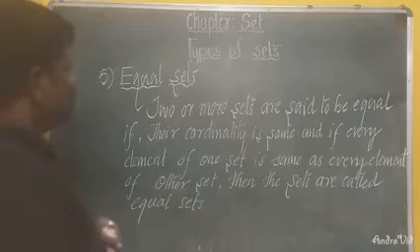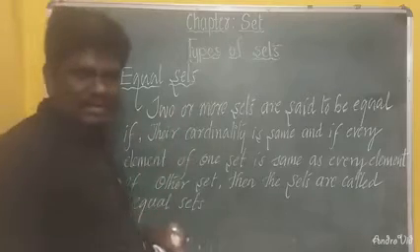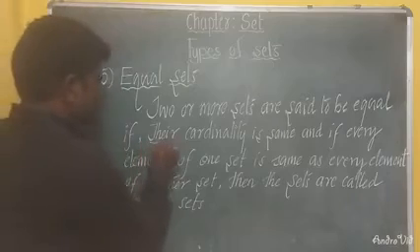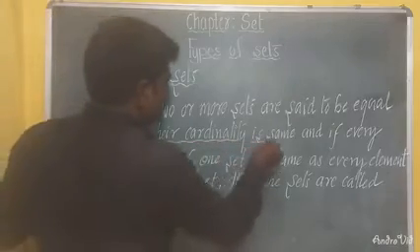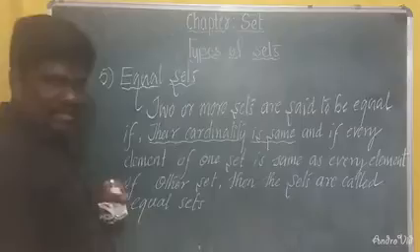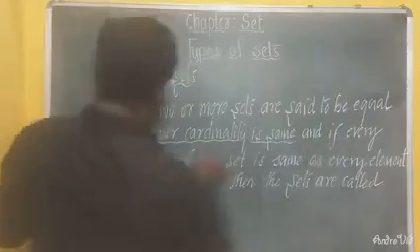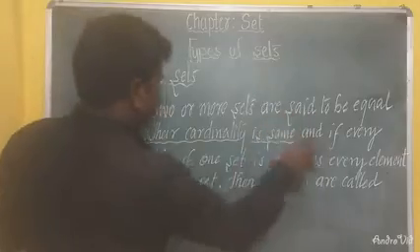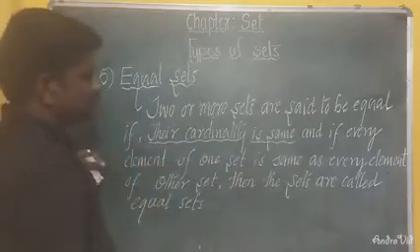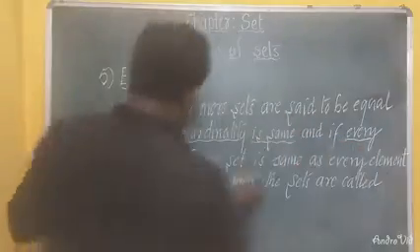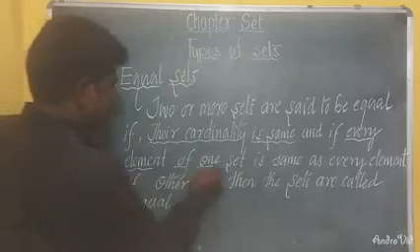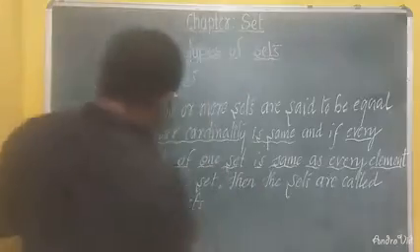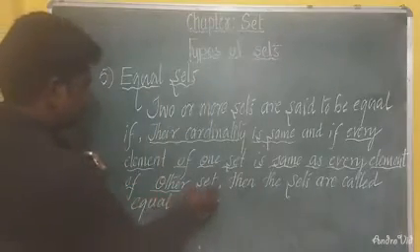Okay, so two or more sets are said to be equal if the first condition is their cardinality must be the same, and the second condition is every element of one set is the same as every element of the other set.